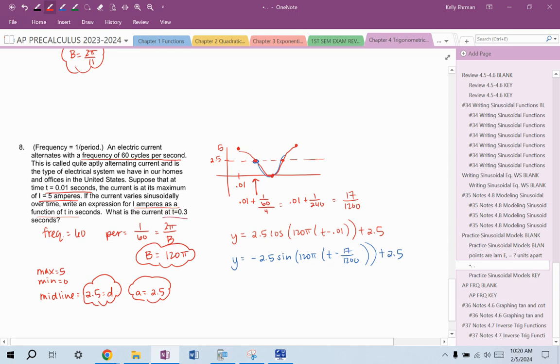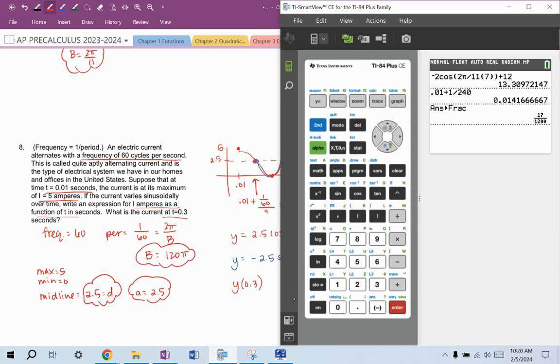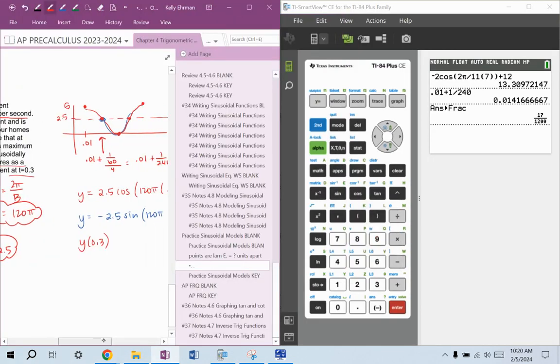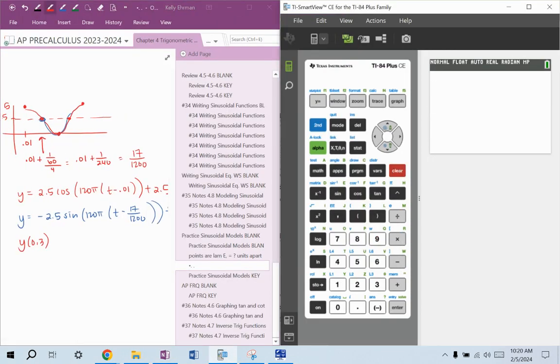So what is the current at t equals 0.3? So what is y of 0.3? All right, again, making sure I'm in radian mode, 2.5 times the cosine of 120 pi times, we're trying to predict 0.3, minus 0.01, and add 2.5. 0.477.